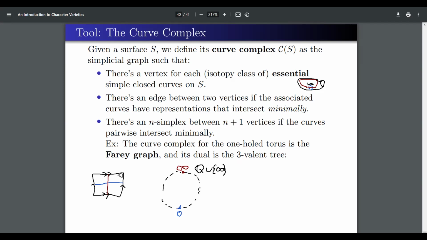And notice that these two curves intersect exactly once. Like I said, that's the minimal intersection possible for the surface. So we draw an edge between these 2 points. Now there's actually other edges that intersect both of these exactly once. One of them is the slope 1 curve, right there.